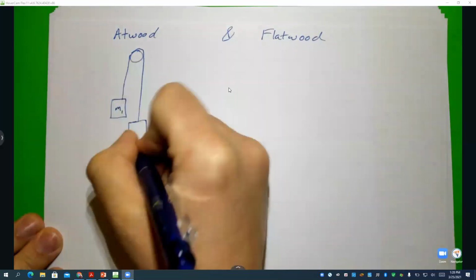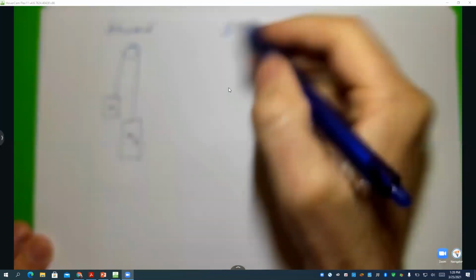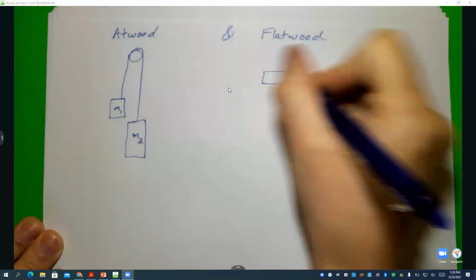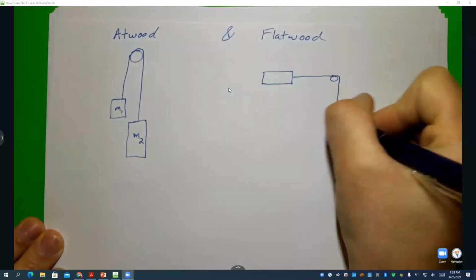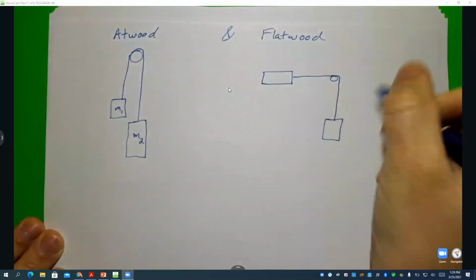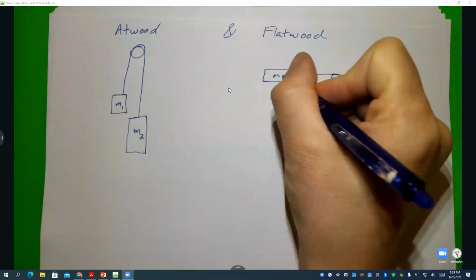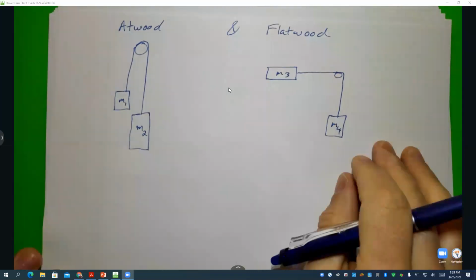This is M1, this is M2. This would be a traditional Atwood machine. What I call a Flatwood machine is some variation of this, where we'll call this M3 and M4, just to differentiate between the two.